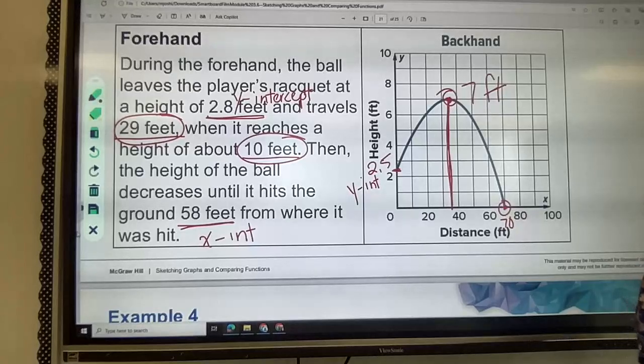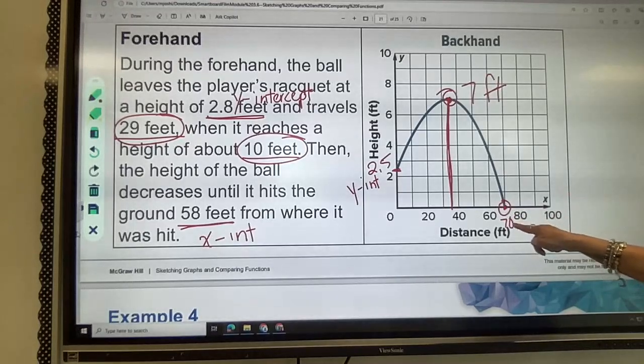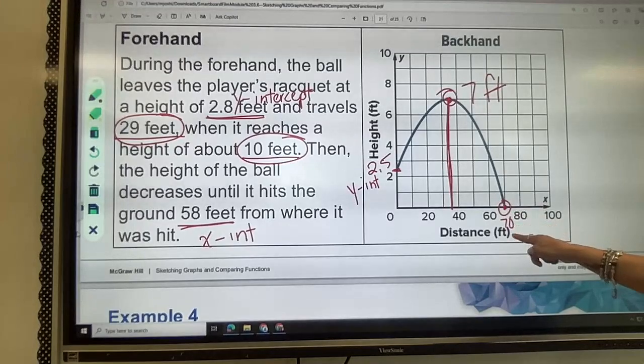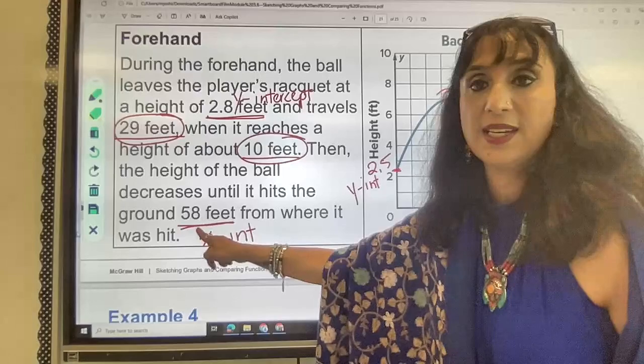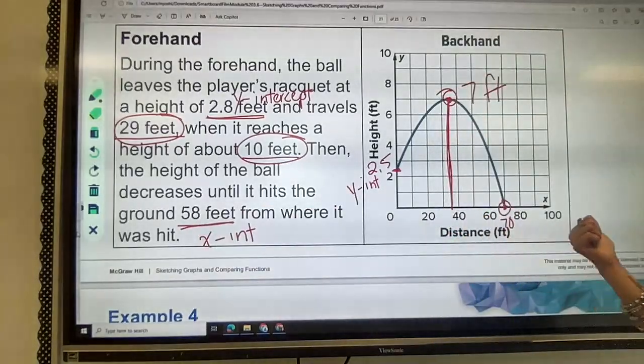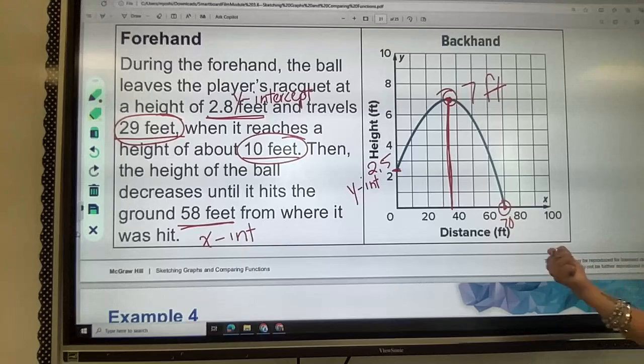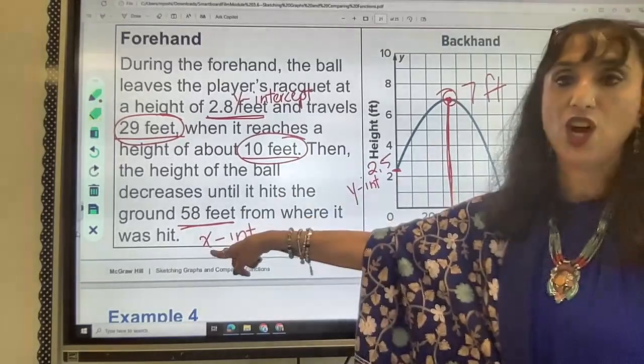For the x-intercept, the tennis ball travels 12 feet farther during the backhand shot, because you can see that this is 70 and that is 58. So the backhand is traveling 12 feet farther than the forehand shot.